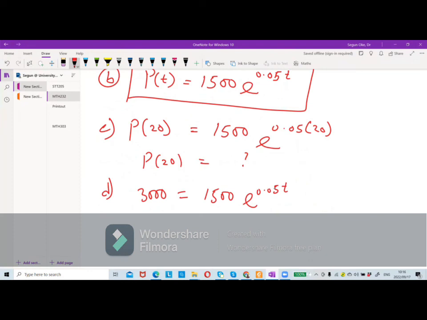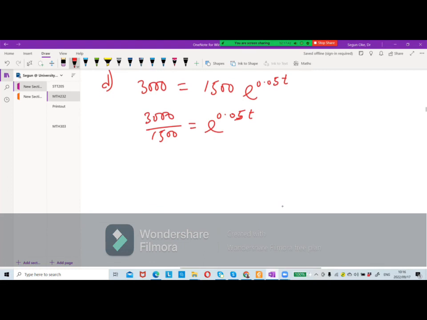When I divide both sides by 1,500, I have 2 equals exponential 0.05t. Take the ln of both sides: ln 2 equals ln exponential 0.05t.